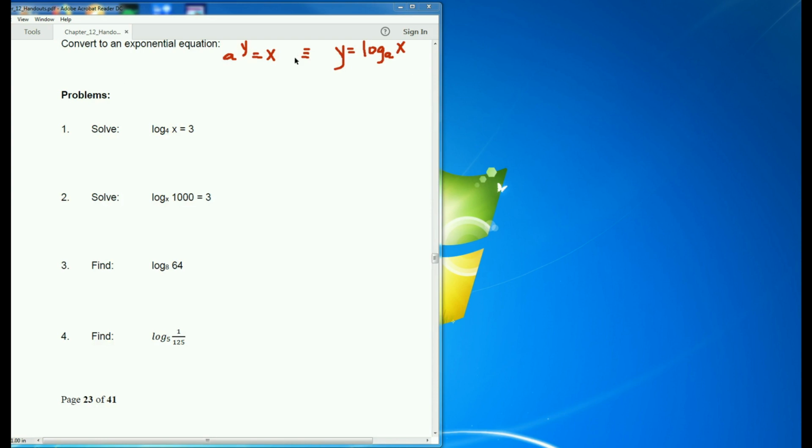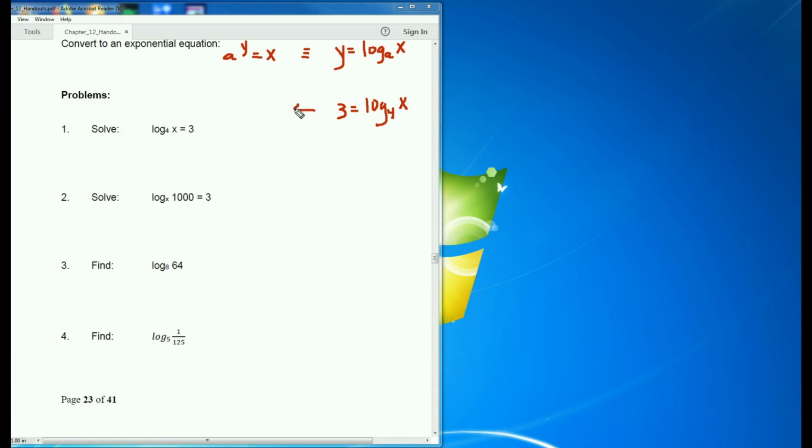All right, so I've already gotten our relationship written here above the problems that we're going to solve. All right, so we want to start with this one. Log base 4 of x equals 3, therefore x equals what? All right, so this is already in the logarithmic format. So in other words, we have 3 equals log base 4 of x.